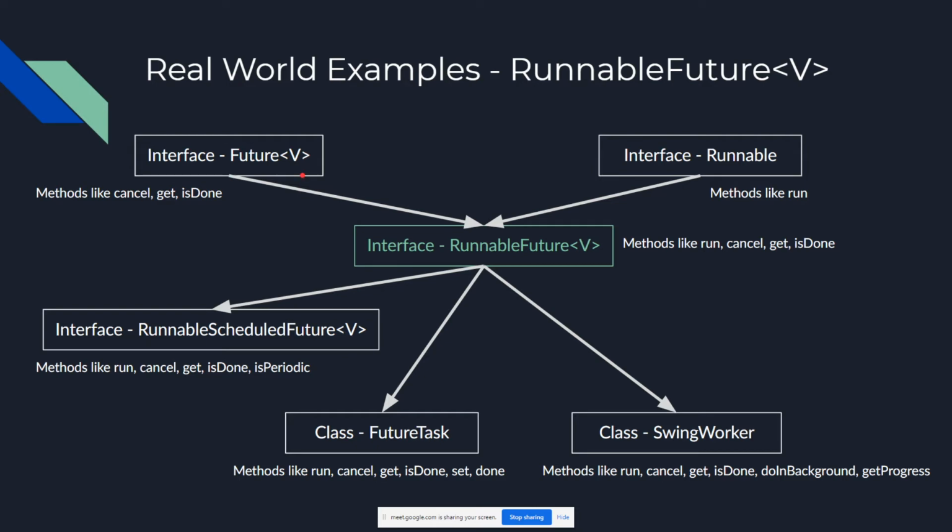So is the future complete, basically, which is kind of a funny thought. So this runnable future interface guarantees that all of these parent interfaces' methods are implemented by any class that implements this interface. So it just kind of combines the two, right?